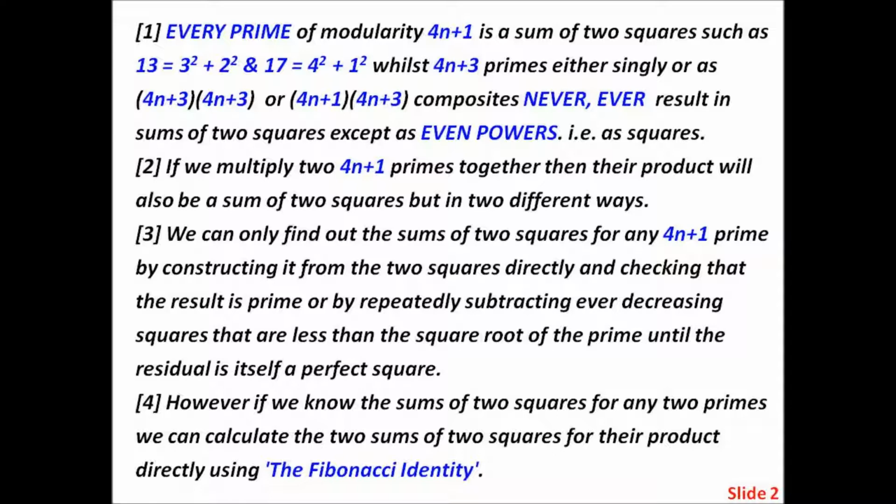If we multiply two 4n plus 1 primes together, then their product will also be a sum of two squares, but in two different ways.